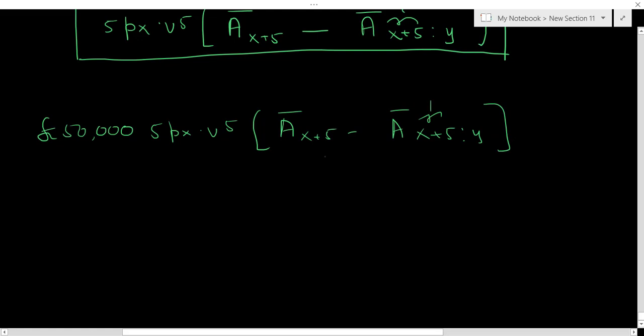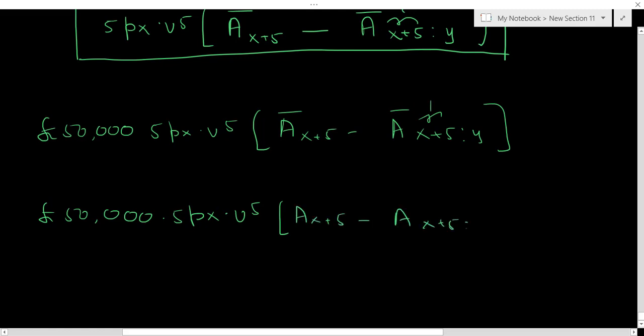And if this contract wasn't a contract which was payable immediately on death of these people, this can be changed. If it is paid at the end of the year of death, it becomes 5 p x, v to the power of 5, A x plus 5 minus A x plus 5 first y, right? So this is how you can actually change this thing too, right? So there is no issue about that.